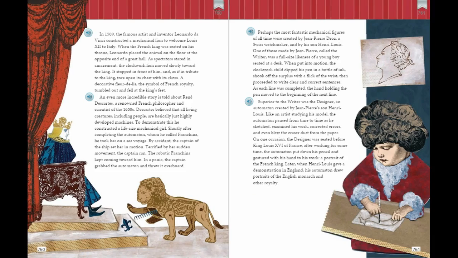Why might the ship's captain have thrown the automaton Franchina overboard? What is the main idea in each paragraph on page 761, and what details support each main idea?